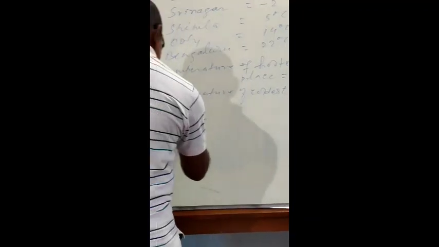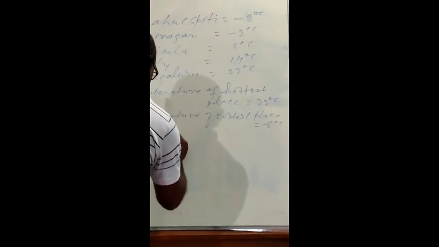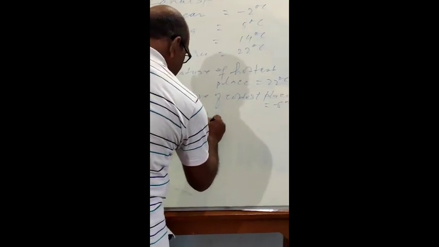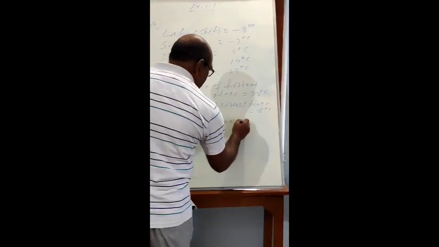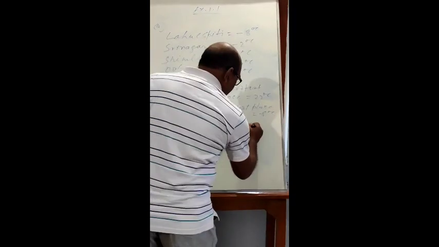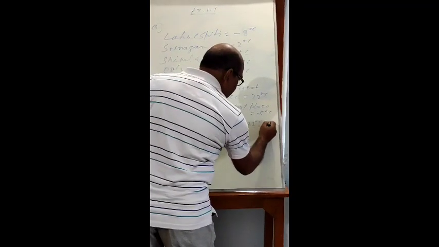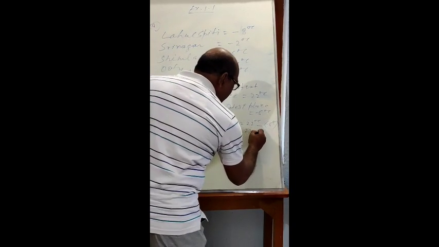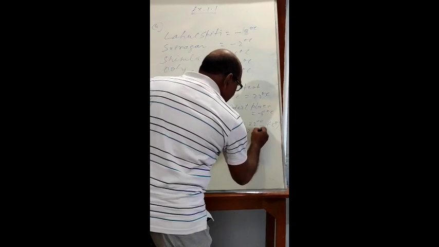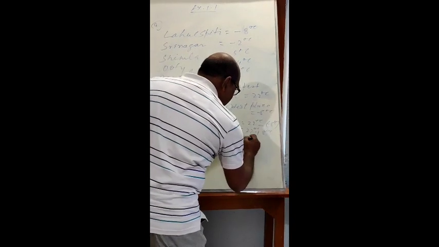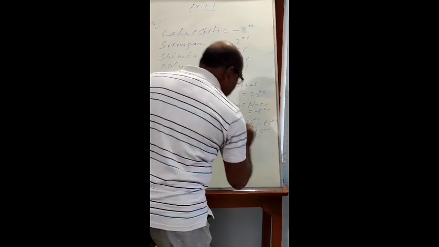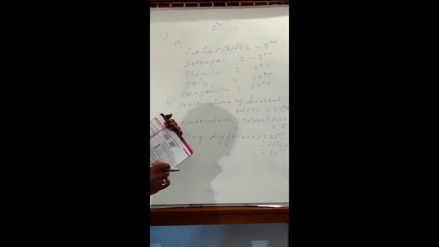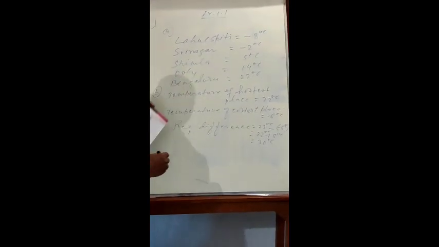Therefore, the required difference is 22 degrees Celsius minus minus 8 degrees Celsius, which is 22 plus 8 degrees Celsius. Now this is 30 degrees Celsius. This is the answer of question B. Now question C.